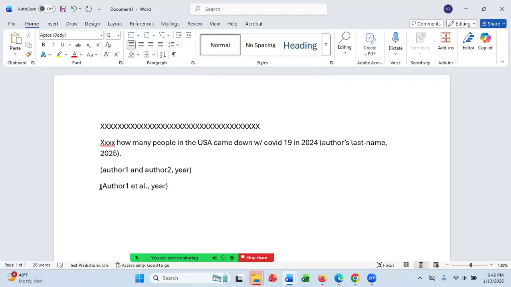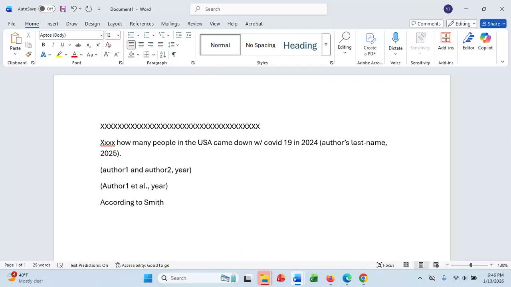The exception is something like when you're writing in your sentence, according to Smith, you state some fact that isn't well known. COVID-19.